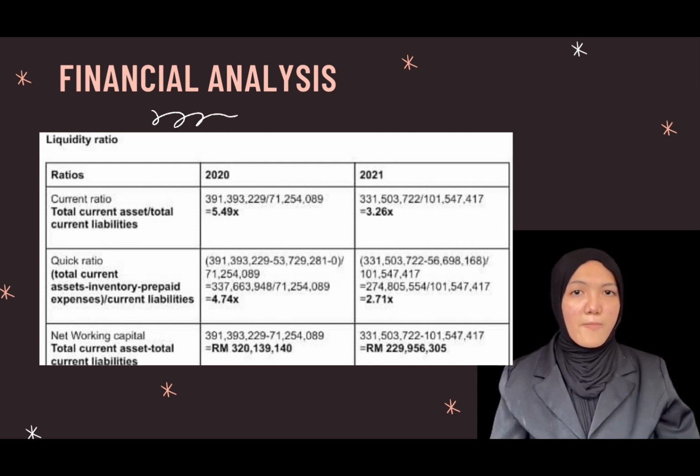It measures whether the company is able or unable to pay its short-term obligations without relying on inventories and prepaid expenses. For Ajinomoto Malaysia Berhad, the current ratio and quick ratio in 2020 are better compared to 2021. Net working capital in 2020 is also better than 2021. That shows that the company does not have an absolute measure in liquidity.